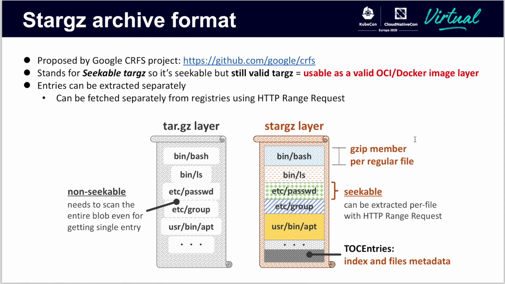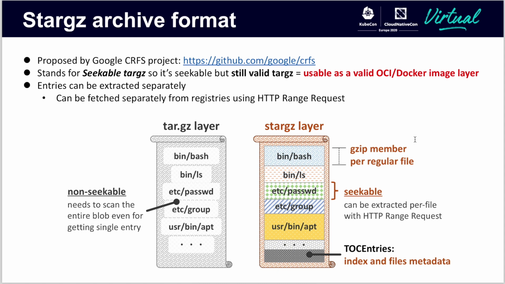As shown in the following diagram, the normal tar.gz layer is non-seekable, and we need to scan the entire blob even for getting a single entry. On the other hand, Stargz is actually the concatenation of gzip compressed file entries. This is still valid gzip, so we can decompress it in file or chunk granularity.